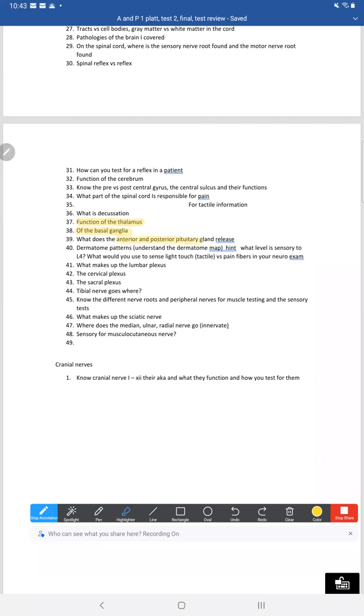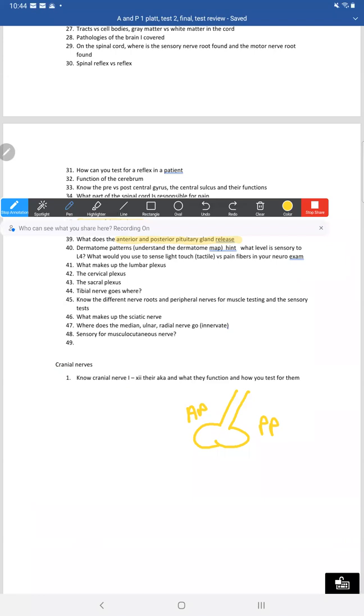Okay, the anterior and posterior pituitary gland. So there's the anterior pituitary, posterior pituitary.